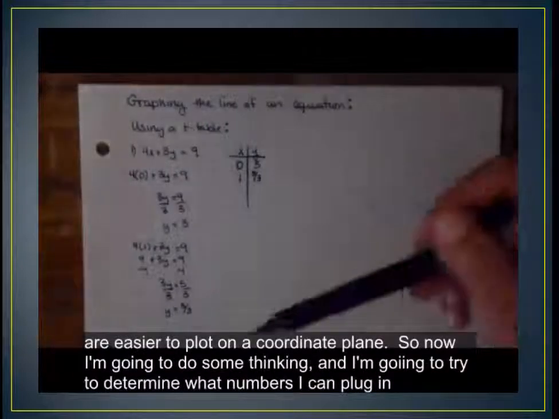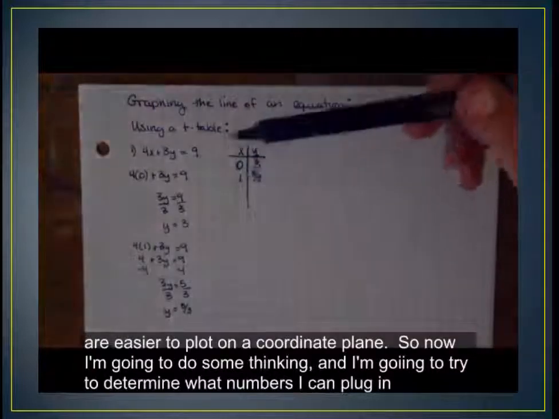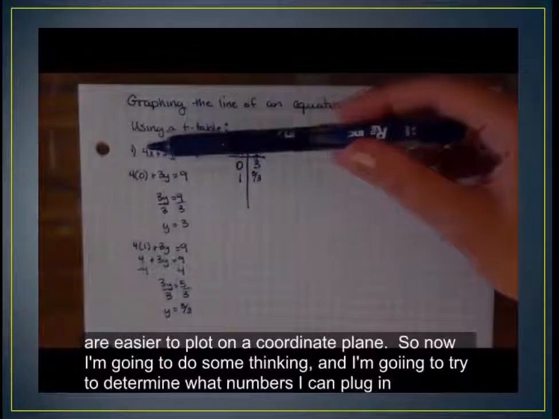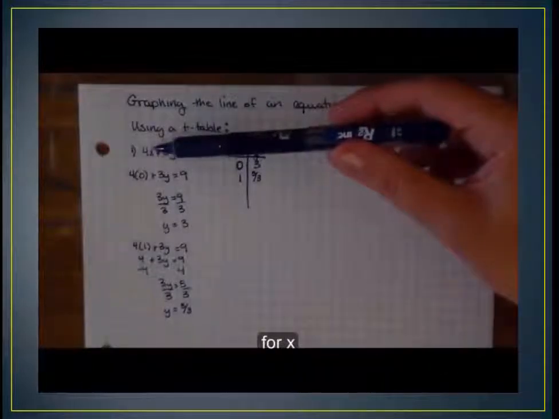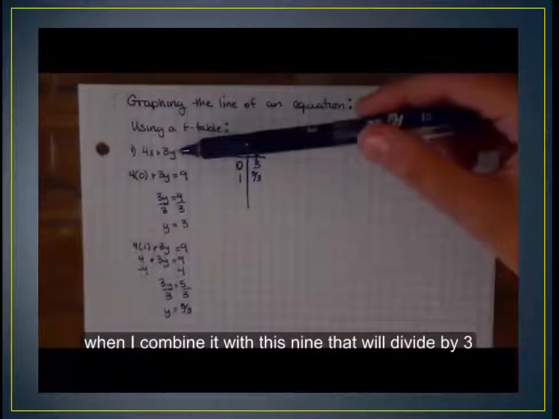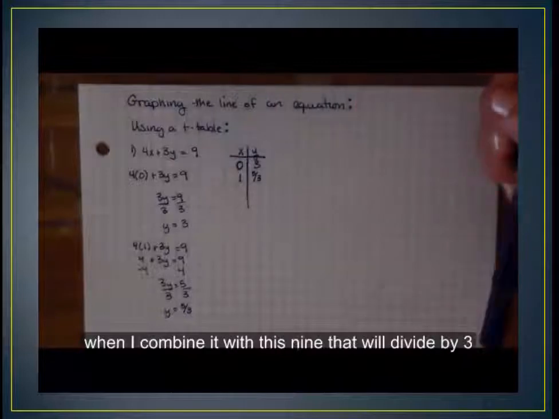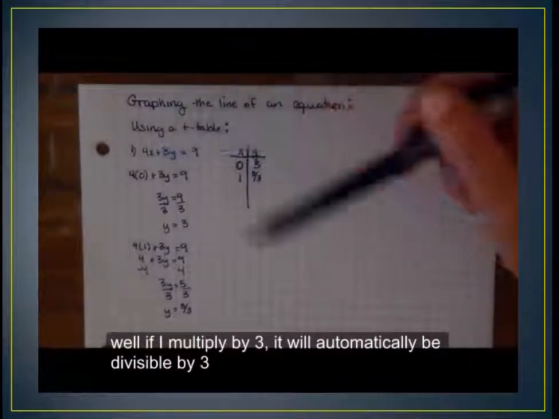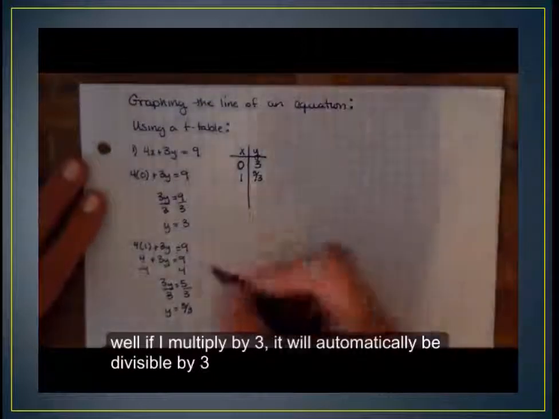a coordinate plane. So now I'm going to do some thinking, and I'm going to try to determine what numbers I can plug in for x that will give me a number when I combine it with this 9 that'll divide by 3. Well, if I multiply by 3, it'll automatically be divisible by 3.